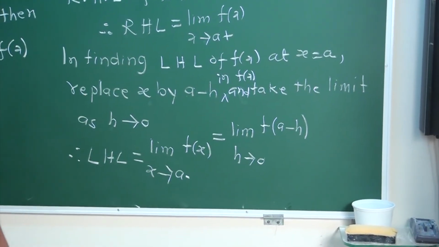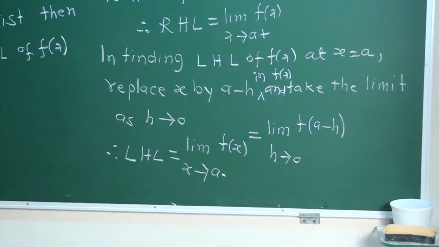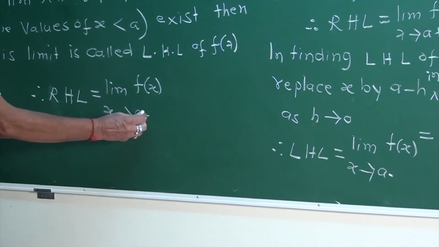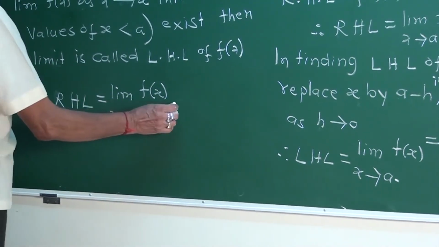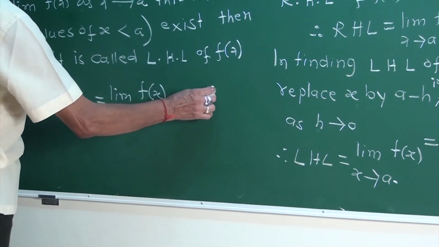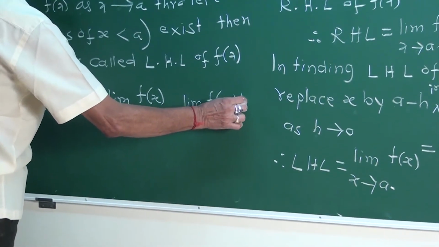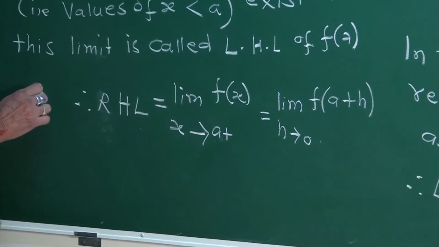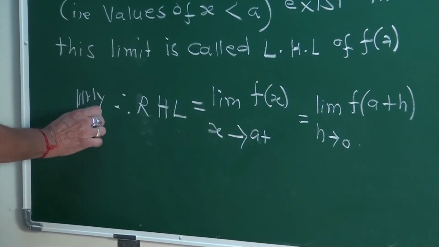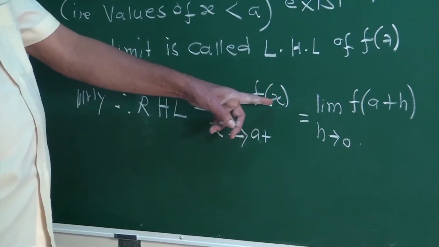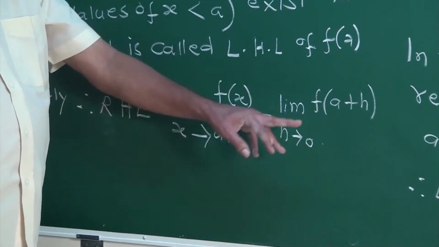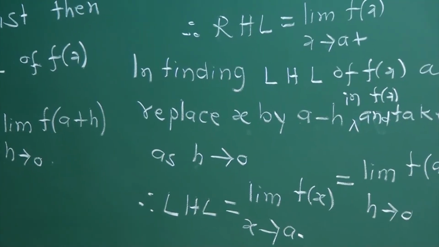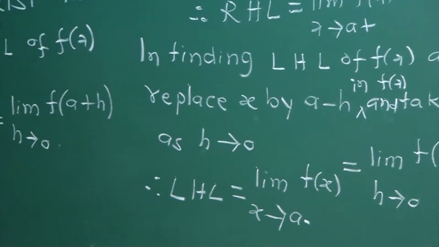Therefore, RHL is the limit of f(x) as x tends to a plus, which equals the limit of f(a plus h) as h tends to 0. No need to write all these in words.